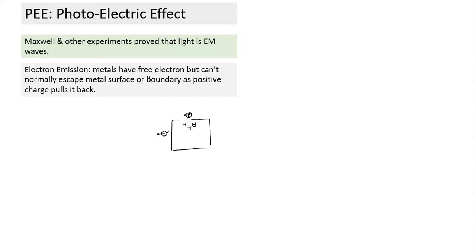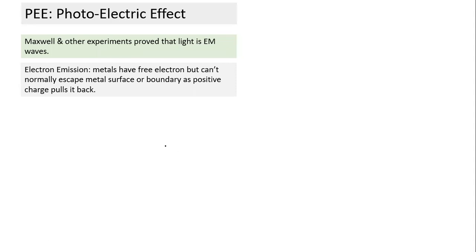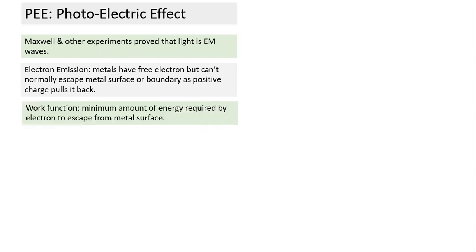So normally electrons cannot escape the metal surface as positive charges pull them back. So though there are free electrons, they keep moving around within the boundary of the metal.